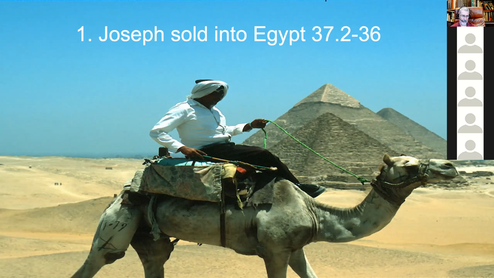I hold an early date. 1876 is an early date for Joseph. A late date would put Joseph in Egypt about 200 years later. The Bible is real clear about the dates for both the Exodus and Joseph. It's the critics who disagree with that.